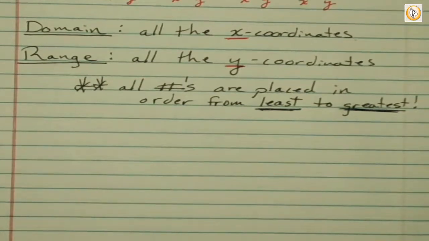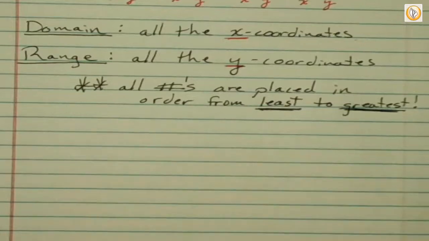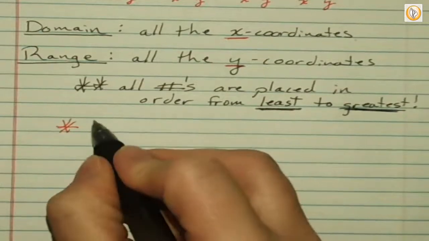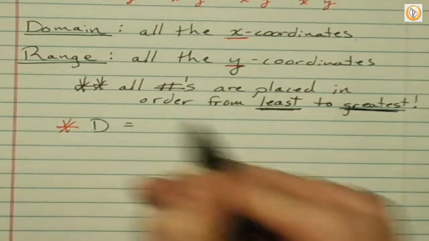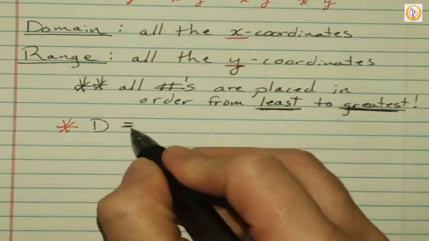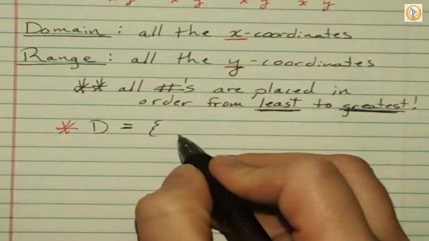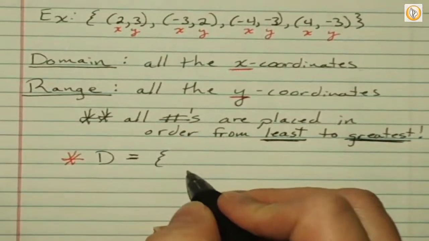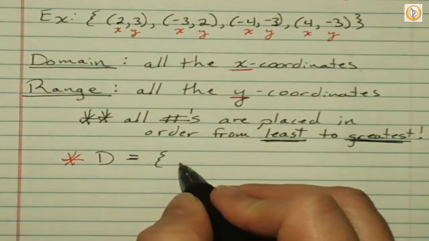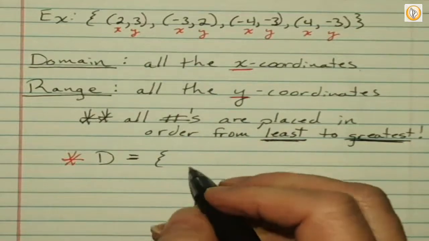And I'm going to show you how to write it correctly. D means domain equals brackets. What are all the domains? Let's see. Joanne, tell me the first one. We're going to list them from this group up here, and we're doing it from least to greatest.